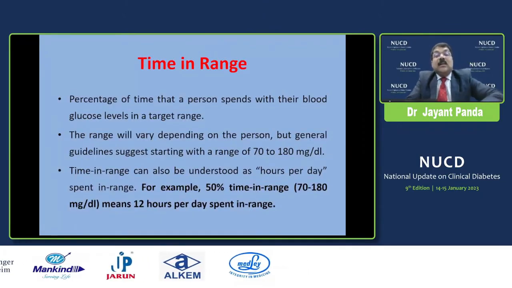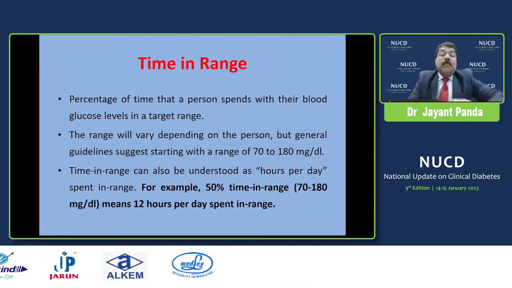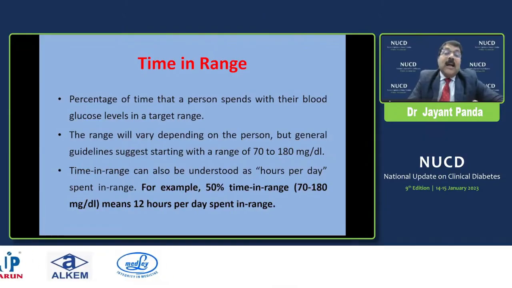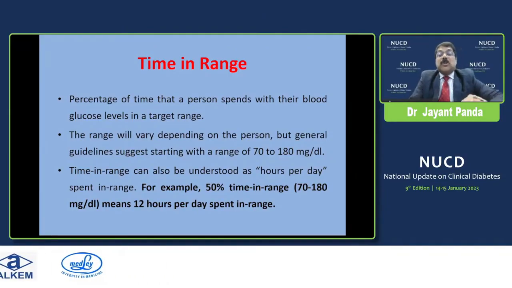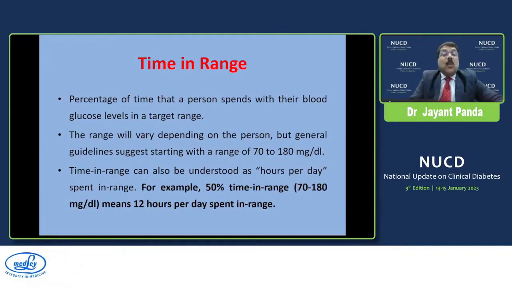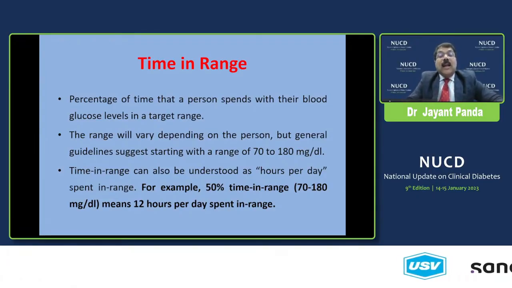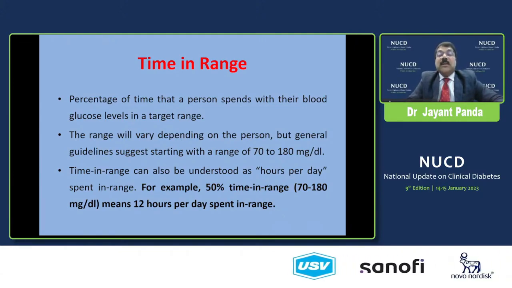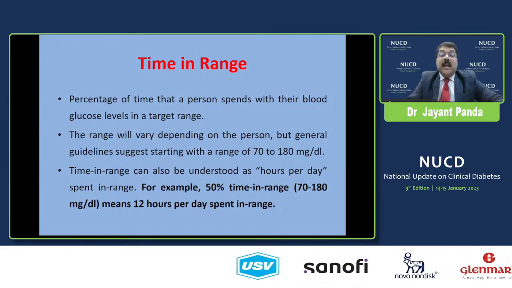So let us see about the time in range. By TIR we mean the percentage of time that a person spends with their blood glucose levels in a target range. The range will vary depending on the person, but the general guidelines suggest starting with a range of 70 to 180 milligram per deciliter, which is standardized and advocated.